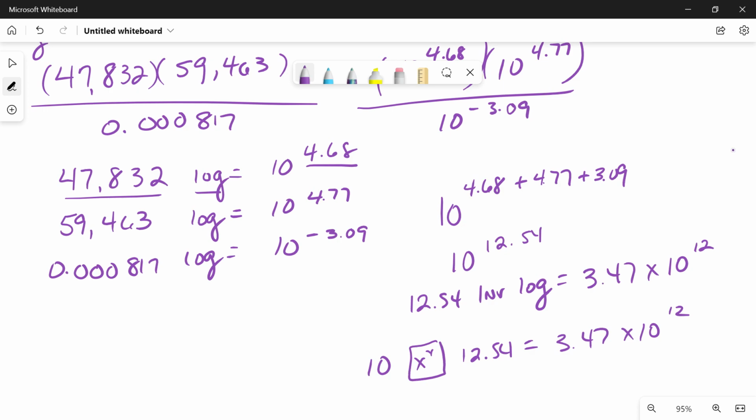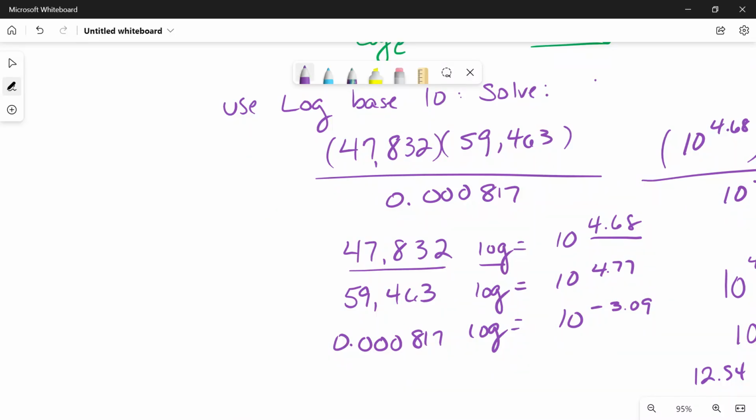Okay, let's do the same thing. Looking at the same problem, but let's use base E. If we use base E, we're going to use that log natural key.